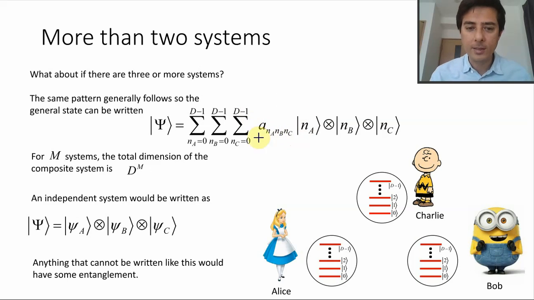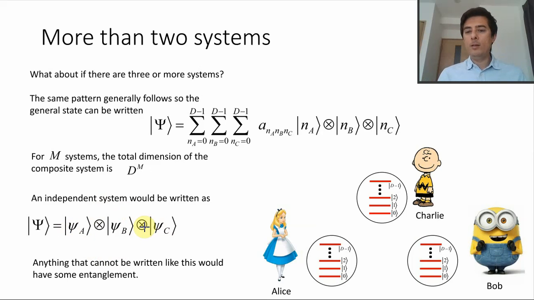That's basically all it is. And the sum has to go through all the different combinations too. An independent state would be written as, again, the tensor product of this, and anything that cannot be written in this form would have some kind of entanglement.